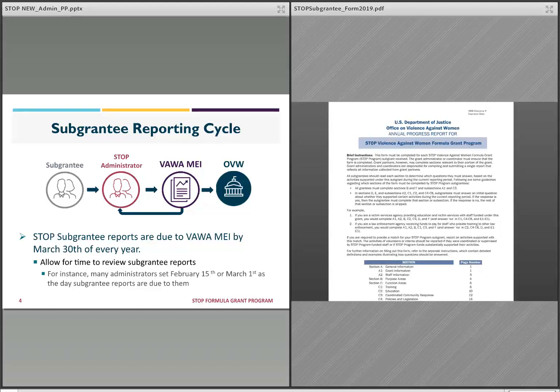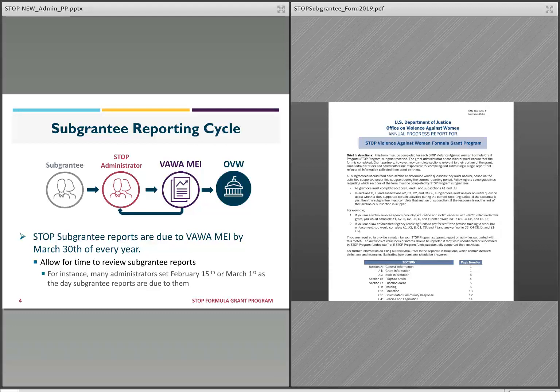This gives them time to look at each of those subgrantee reports and ensure that the data is reported as accurately and thoroughly as you are able to. After you submit those subgrantee reports to us here at VAWA MEI, we carefully review each of those reports, looking for any data that we think might be missing or might have been mistakenly reported.